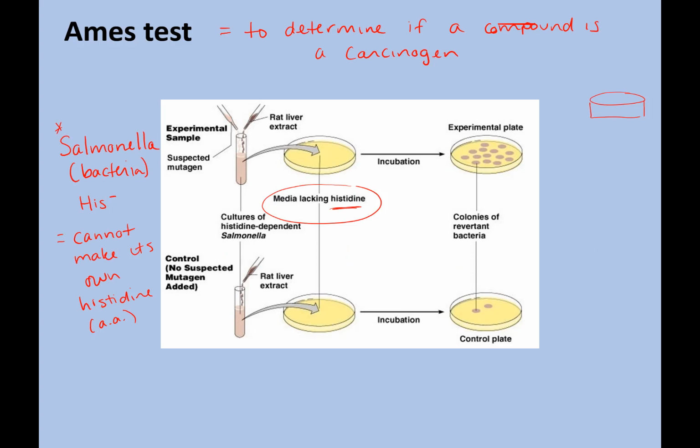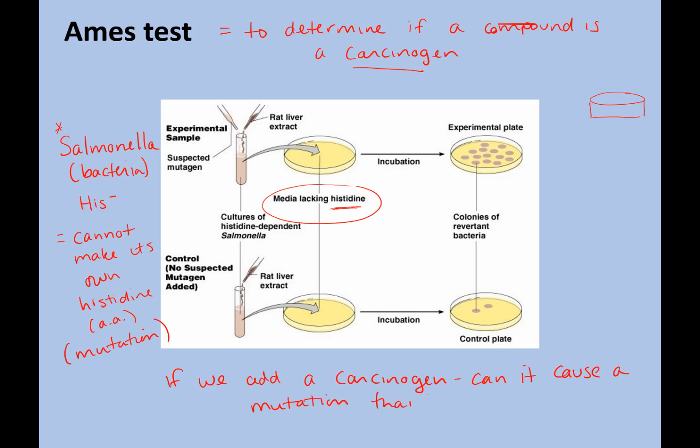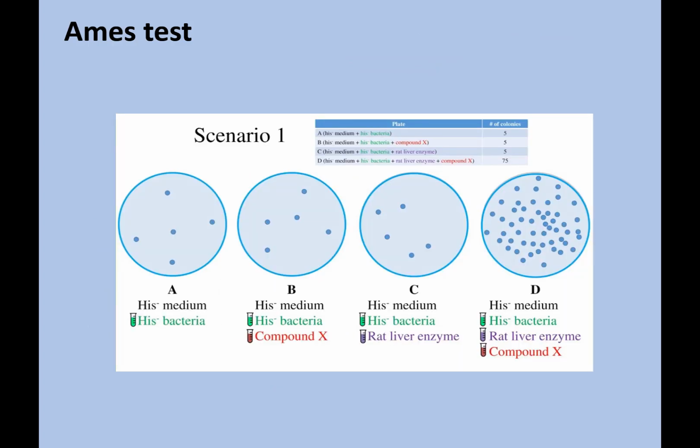So what we're asking, if something is a carcinogen, right, so this is due to a mutation, if we add a carcinogen, can it cause a mutation that reverts or kind of counteracts the His minus mutation to His plus?